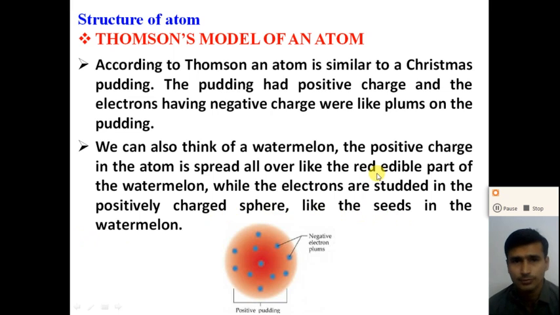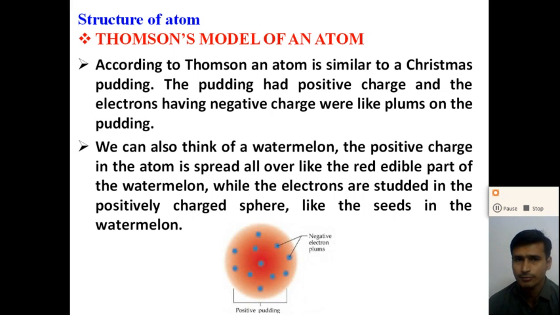So J.J. Thomson's model of the atom is like a watermelon, or we can say the plum pudding model. That's why J.J. Thomson's model of the atom is called the plum pudding model, right? So understand, dear students.